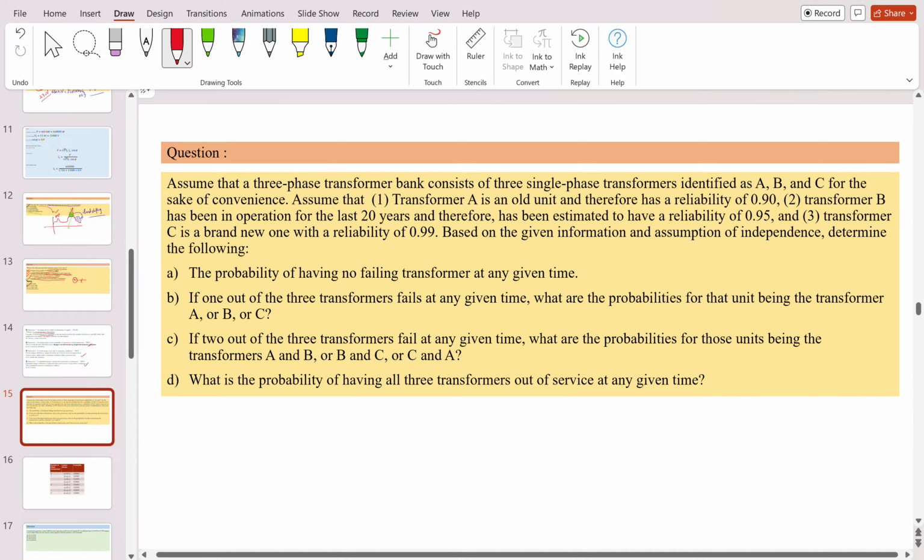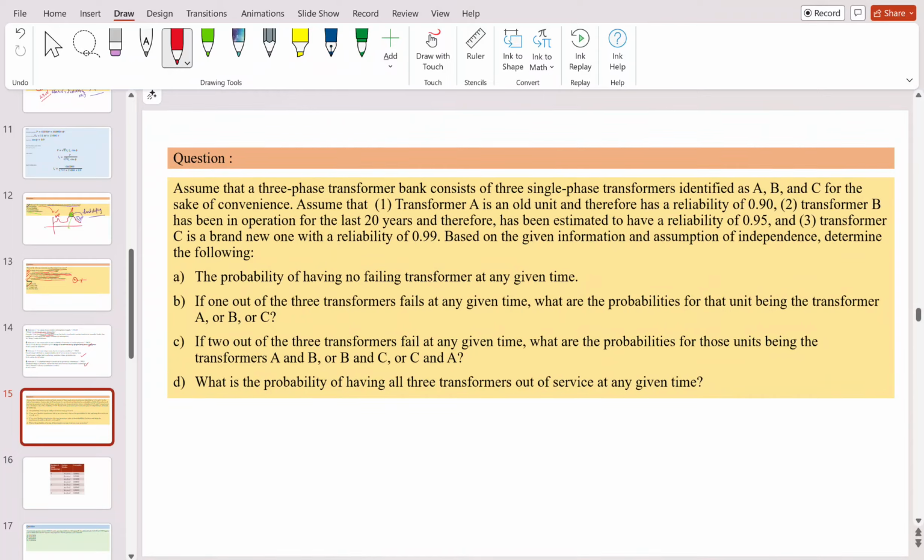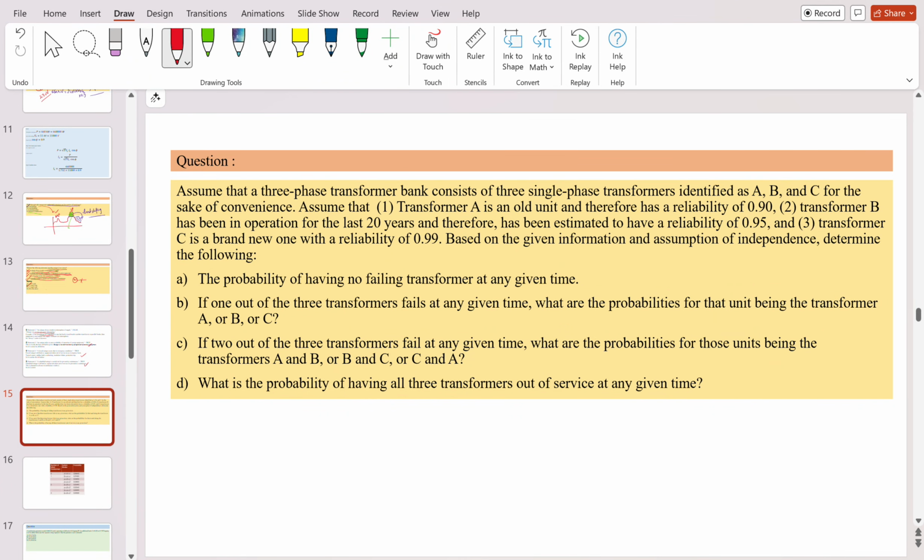Okay, let's move further. Try to solve this. This is a little bit lengthy problem, and I gave you some glimpse in the previous tutorial session. You just read it out and try to solve the first problem first, option A. Try to solve part A first and let me know which is correct.